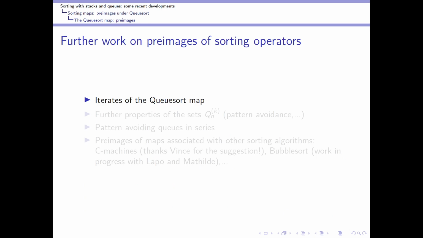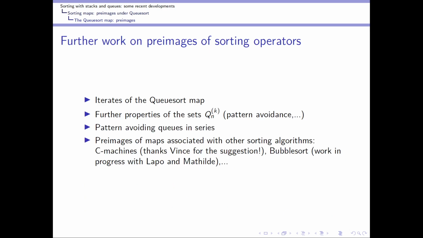And just to mention that there can be many interesting open problems concerning again the Q-sort map, but also other maps associated to other sorting operators. For instance, let me mention just this final problem, which is studying preimages of maps associated with other sorting algorithms.